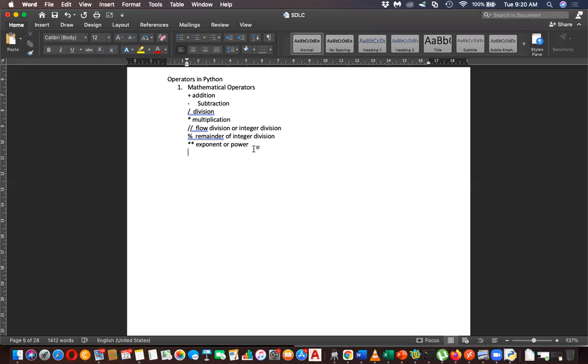So it's better if you write down: division returns a floating point number.